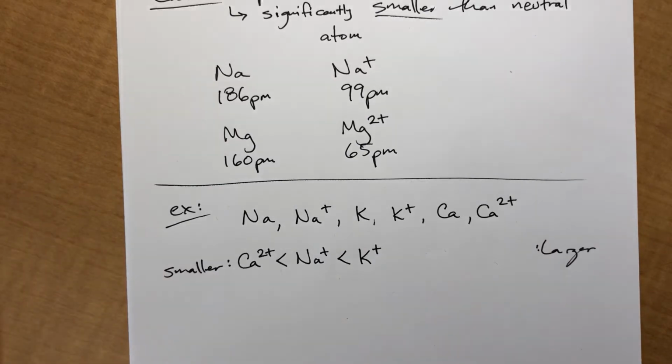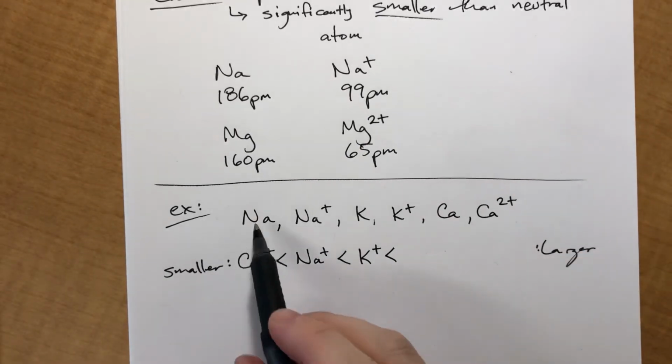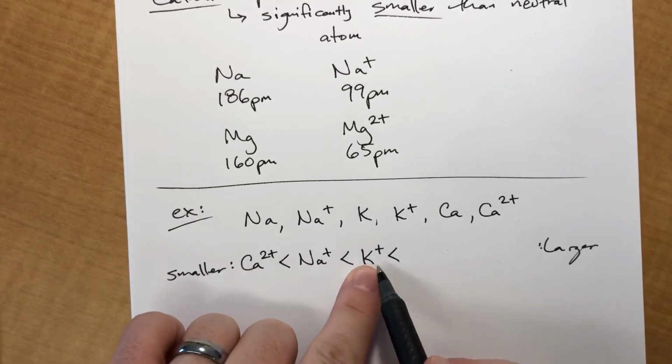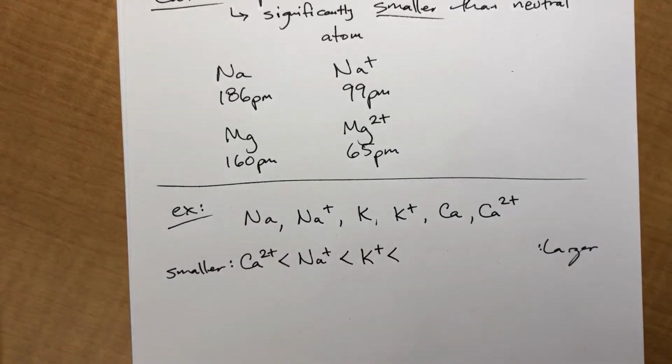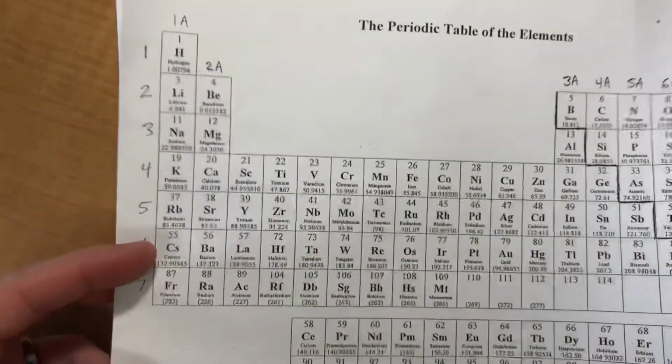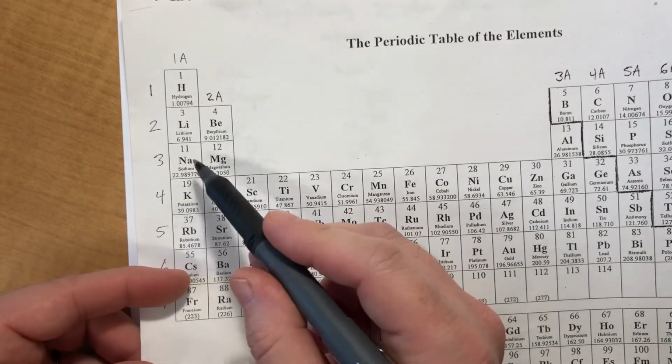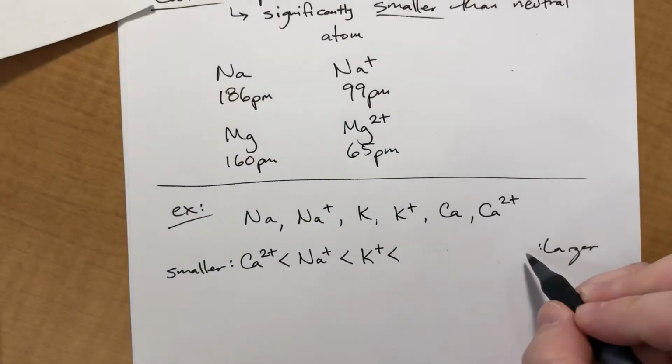Now we have the three things that are neutral. So we did the things that are +2, then the things that are +1, and now we have all the things that are neutral. And from there, we can just look at the typical trend. Things get bigger as you go down and left, so potassium should be the biggest of those three.